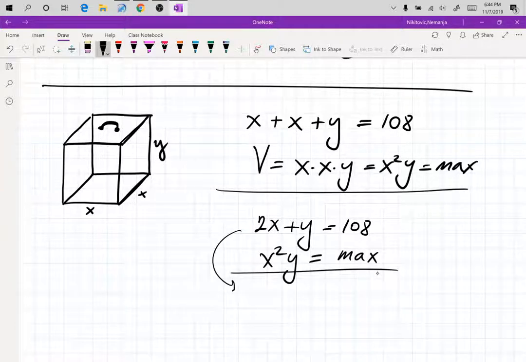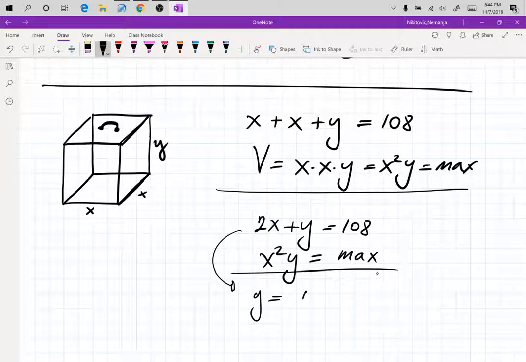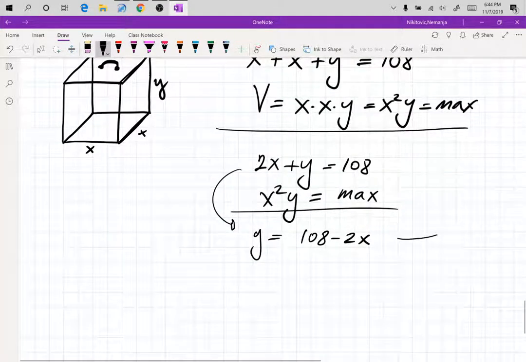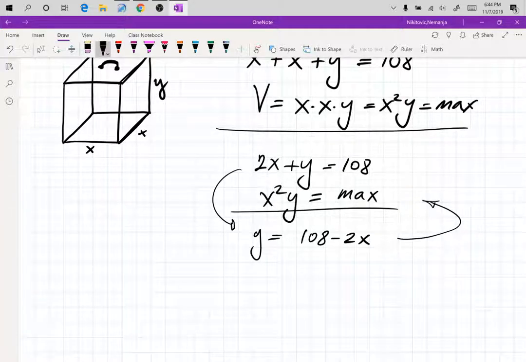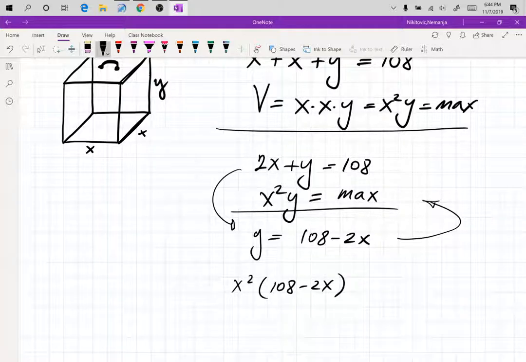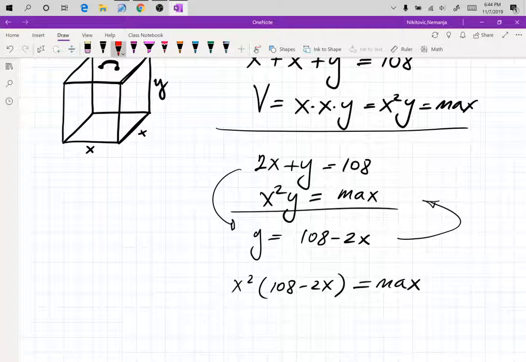So we solve the top equation for y, which is 108 minus 2x, and then we plug that into this one, so that's x squared times 108 minus 2x equals a max, and then we hit, well, no, we first distribute.